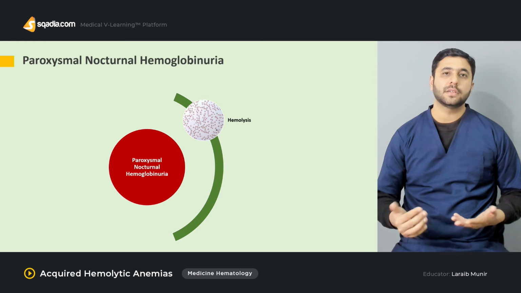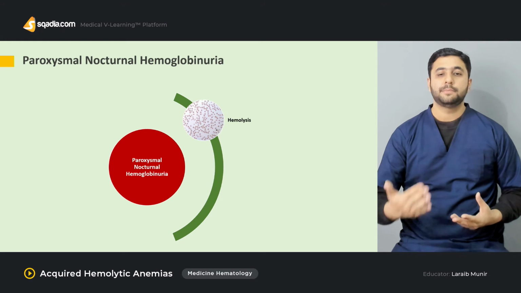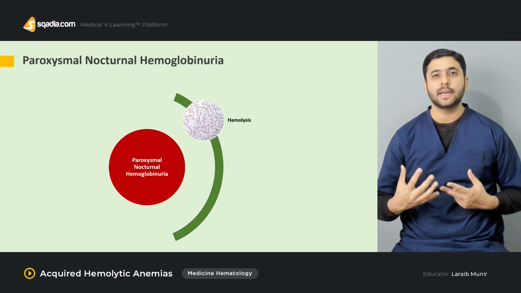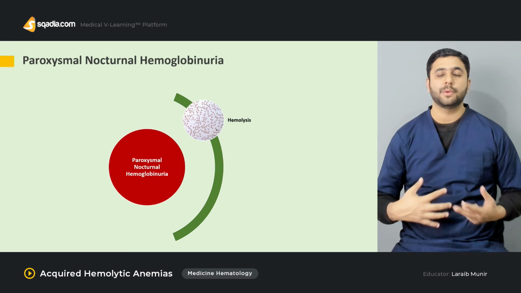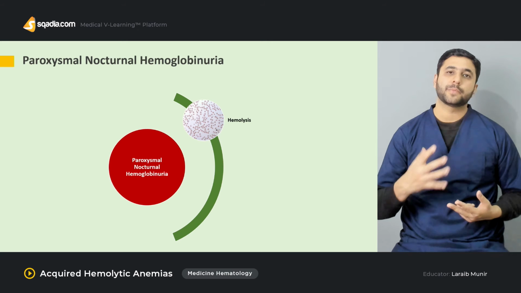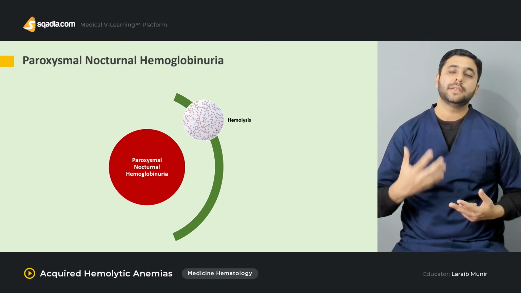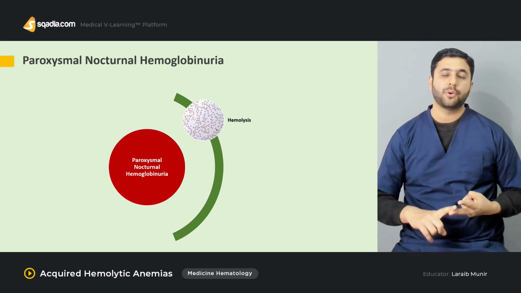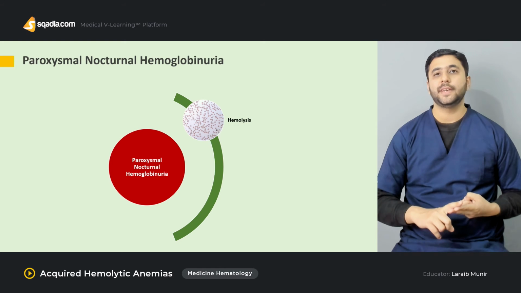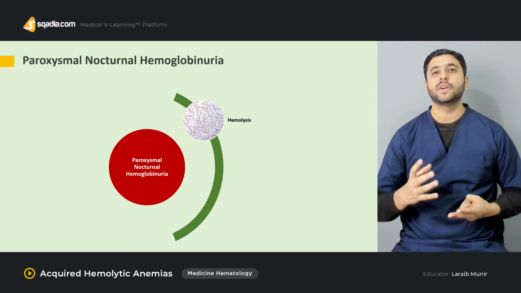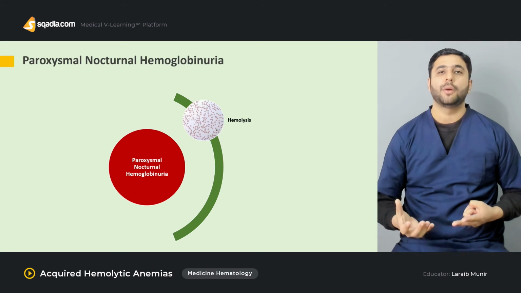And in certain conditions, for example acidosis, specifically, we know that when we are sleeping at night, we are basically under a type of respiratory acidosis because we are breathing very shallow. So that acidotic environment basically stimulates the complement, and if these protective proteins, CD55 and CD59, are not present on the RBC's membrane, the RBCs are vulnerable to destruction by the complement.